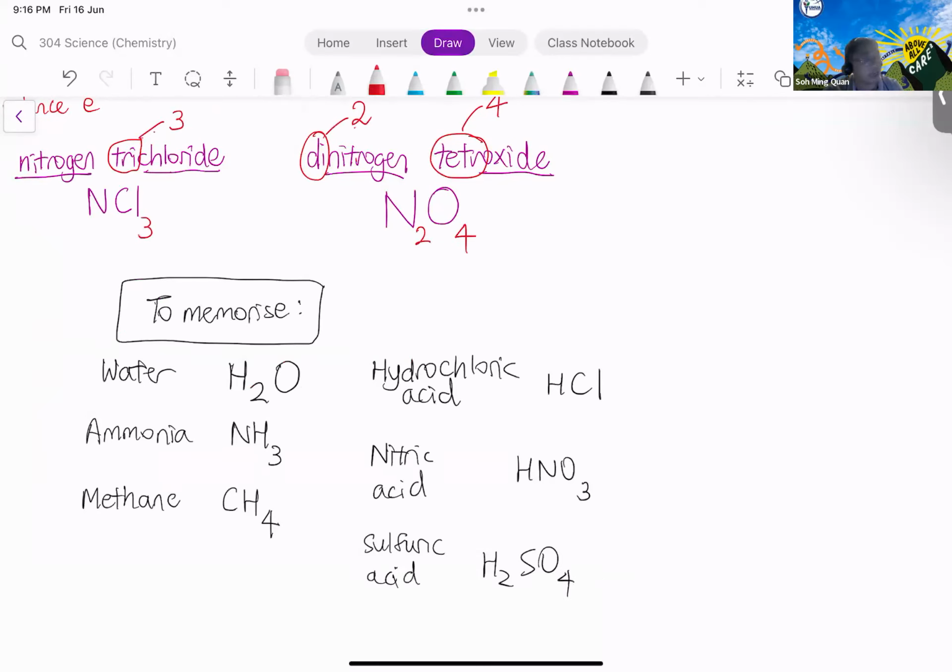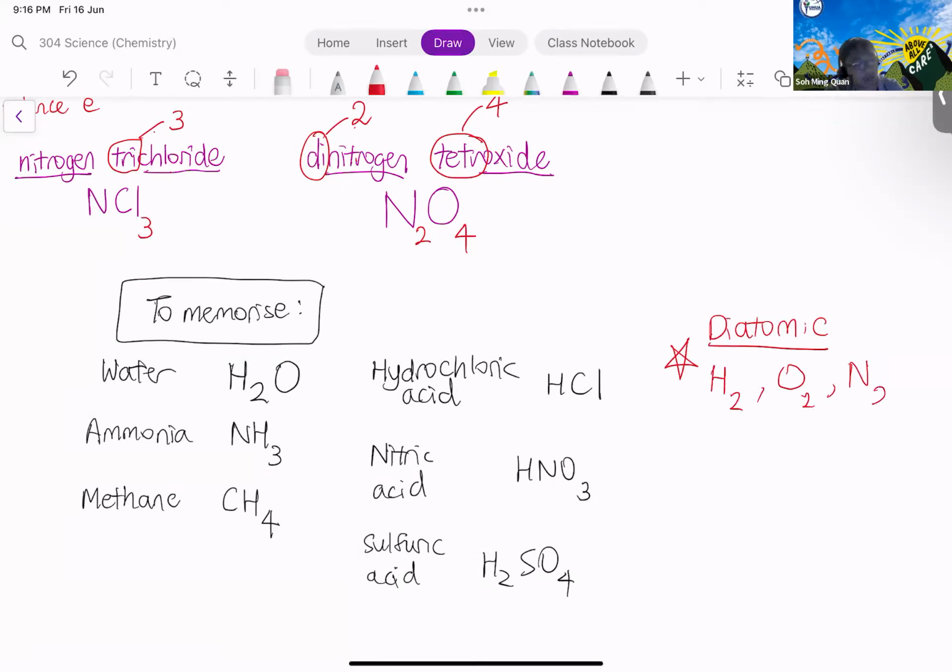Now, something else that you don't really have to memorize is to learn which elements are diatomic. Diatomic, once I've written out, I'm sure you will realize what I mean. Diatomic means 2 atoms covalently bonded together.